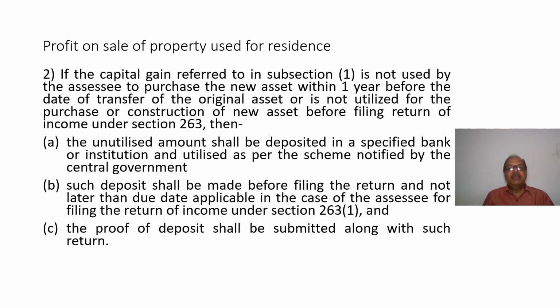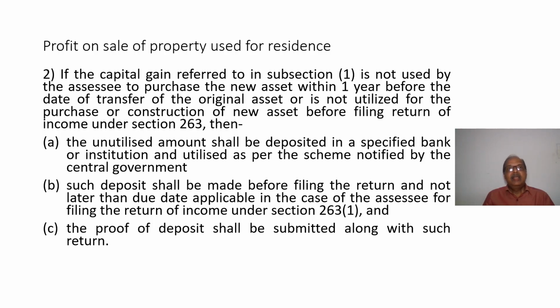If the capital gain referred to in subsection 1 is not used by the assessee to purchase a new asset within 1 year before the date of transfer of the original asset, or is not utilized for purchase or construction of a new house before filing of the income tax return under section 263, then the unutilized amount shall be deposited in a specified bank or institution and utilized as per the scheme notified by the central government.